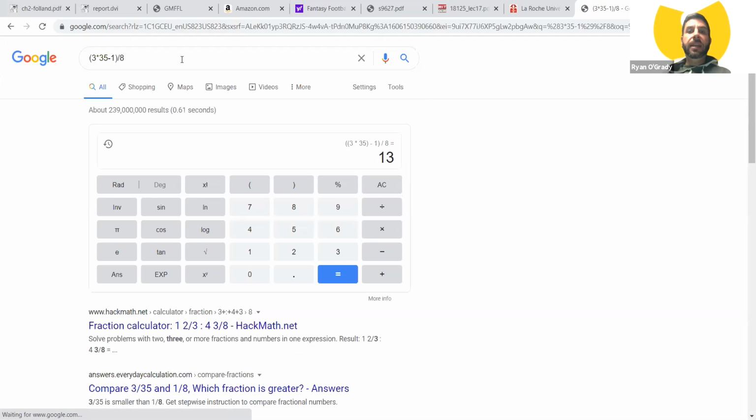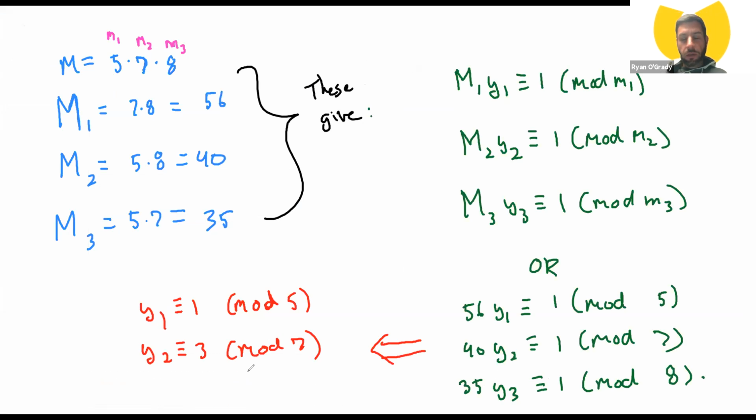And the answer is yes. 8 does divide 3 times 35 minus 1. So since 8 divides that, an equivalent way of saying it is that y sub 3 is congruent to 3 mod 8.